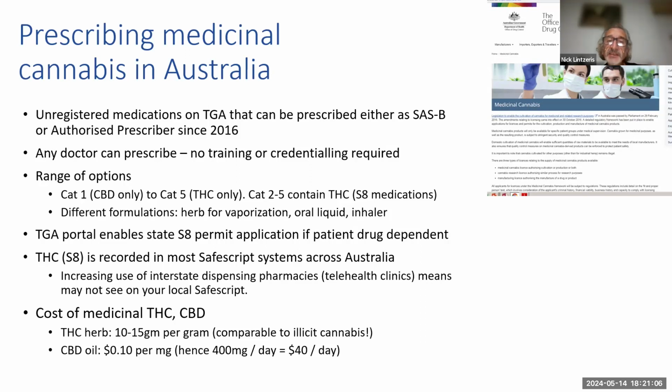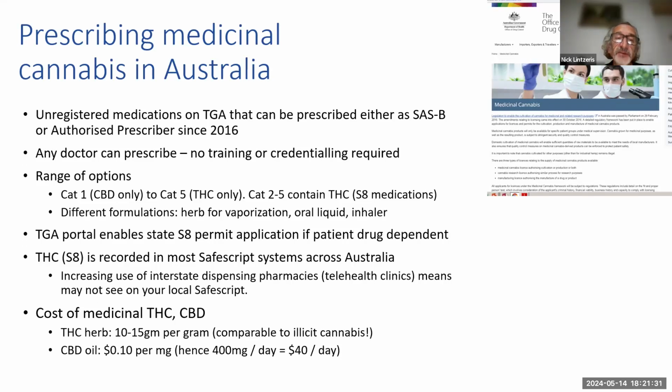What vaporizing does is it heats the plant matter to a temperature at which the cannabinoids, which are oils, turn into vapor and they get inhaled. But you don't actually end up burning the cannabis. So it's associated with much fewer toxic chemicals than if you were, say, smoking cannabis in a joint or a bong.